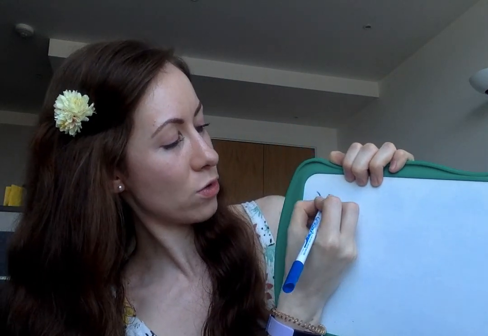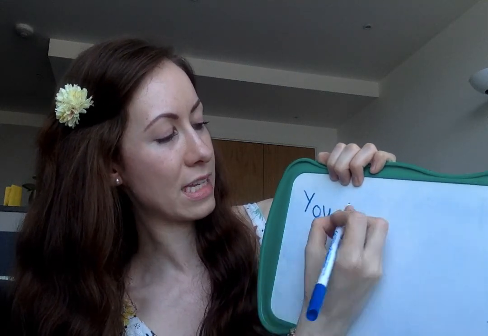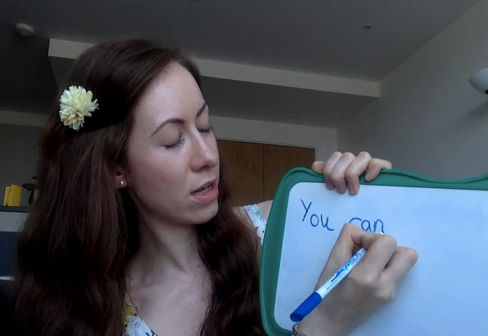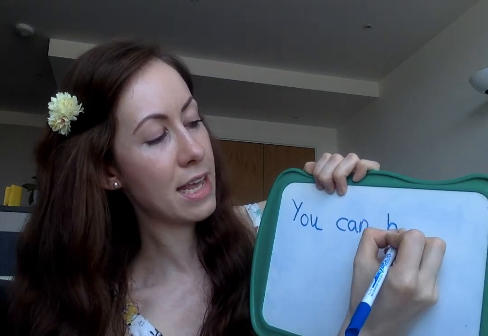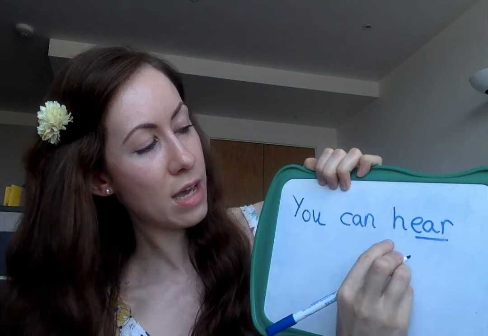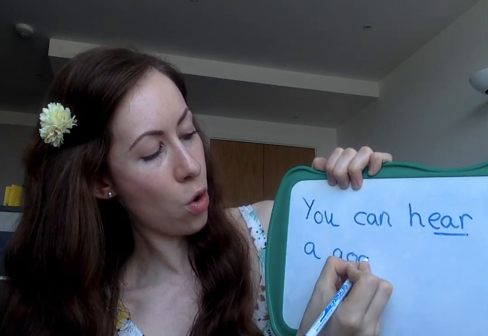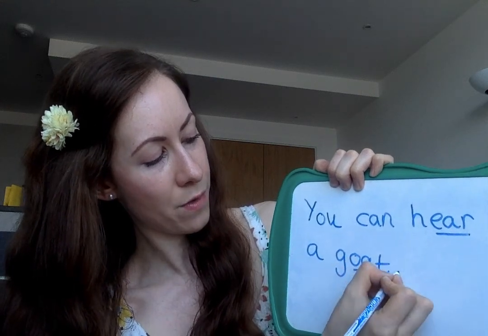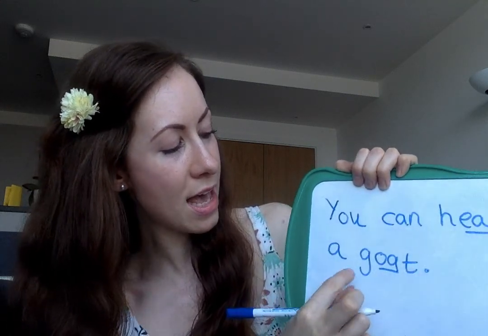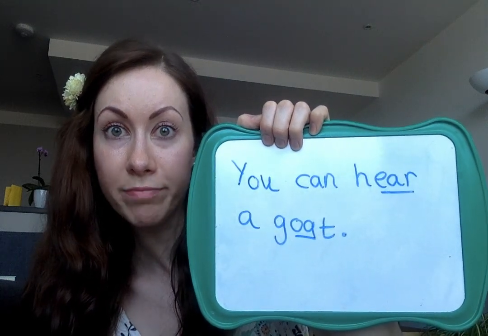So, capital letter, capital Y, O, U, finger space, C-A-N. You can, H, and then here's our ear, trigraph. You can hear a, G, O, A, T, full stop. You can hear a goat.